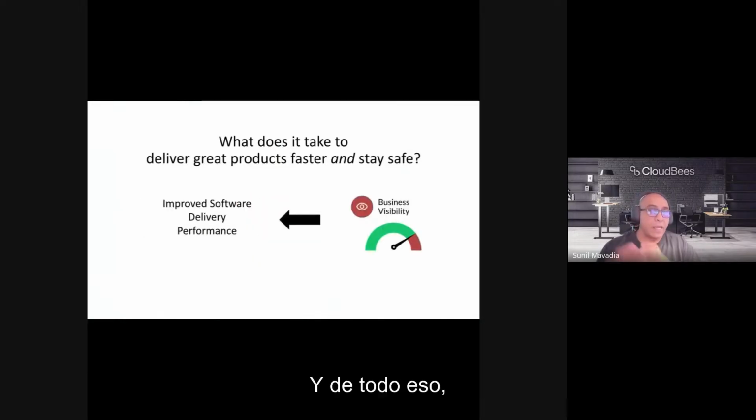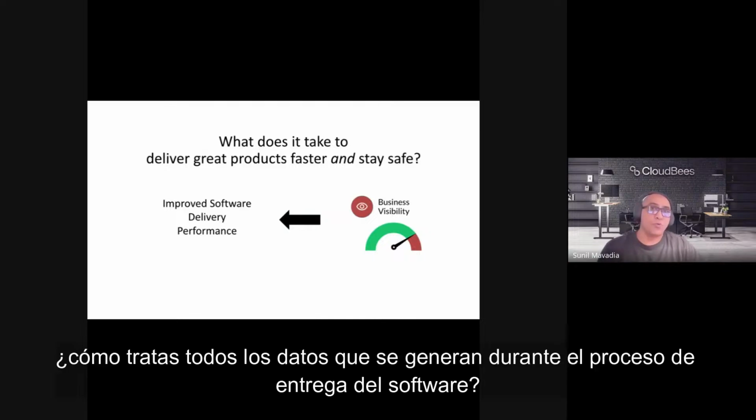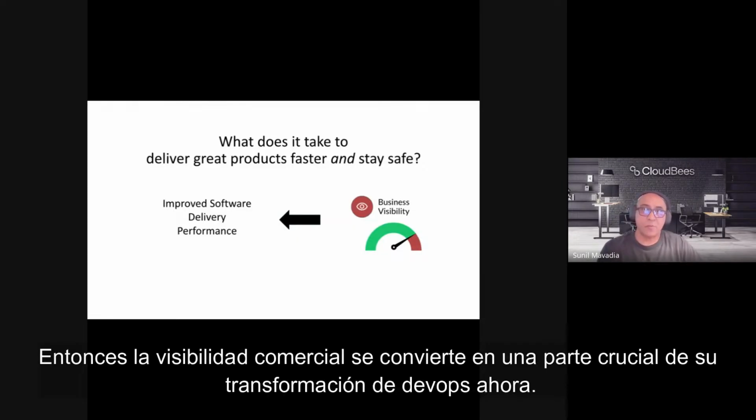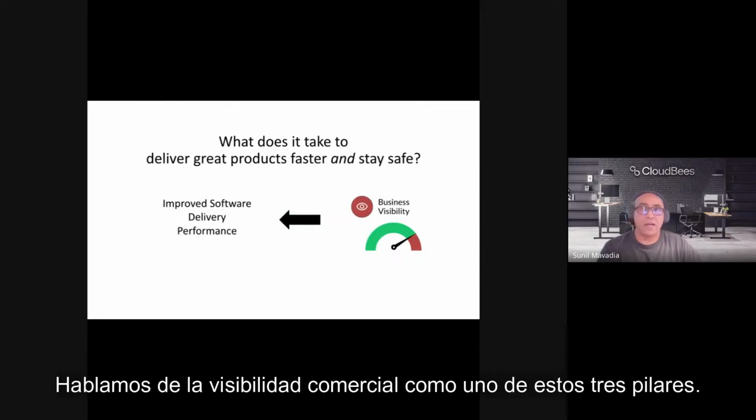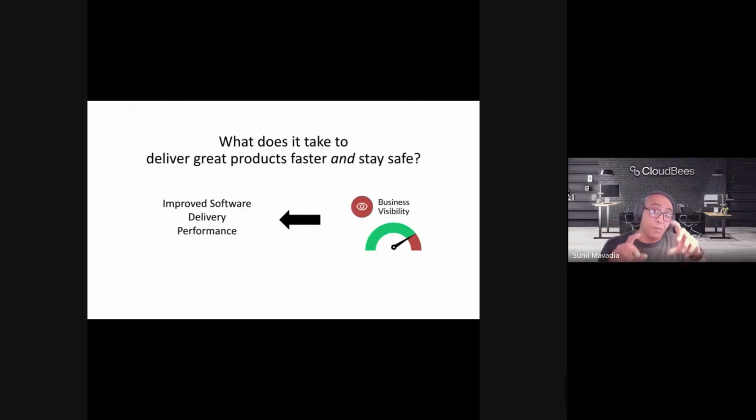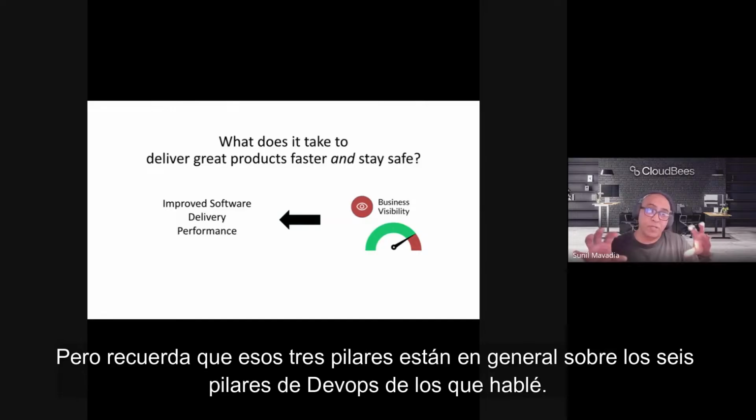Okay, and out of all that, how do you bring in all the data that's being generated during the process of software delivery? So business visibility becomes a crucial piece of your DevOps transformation, right? Now, we talked about business visibility as one of those three pillars, but remember, those three pillars are overarching those 6 DevOps pillars that I talked about.